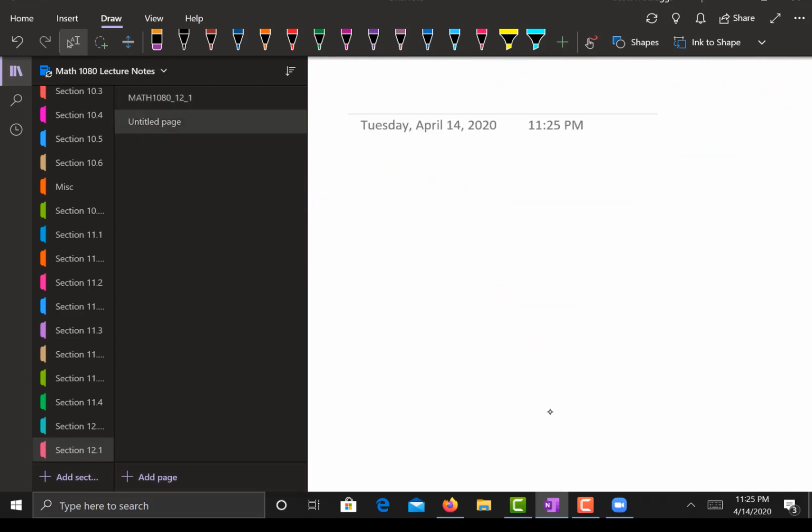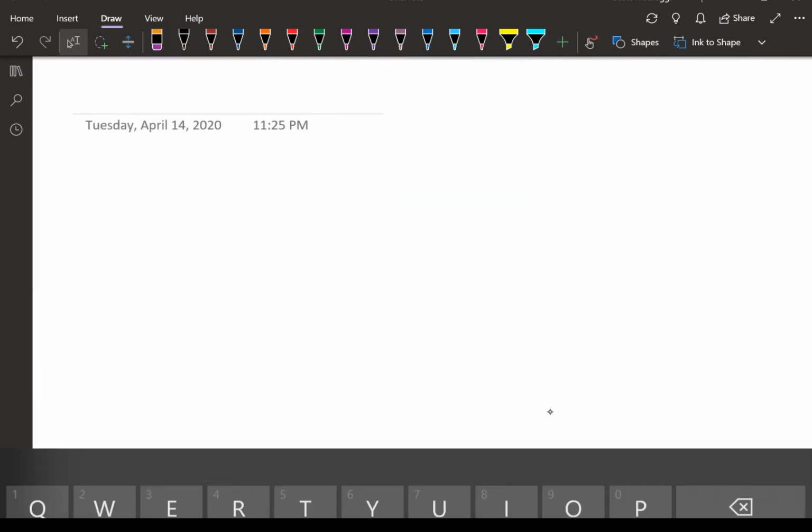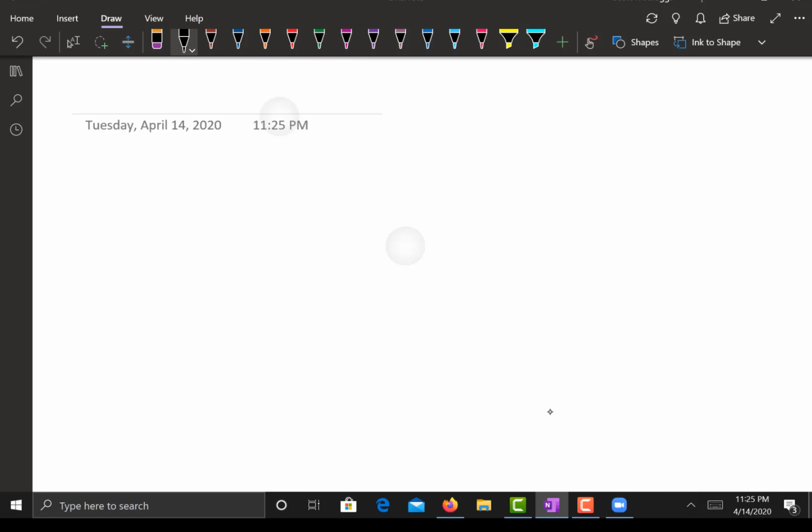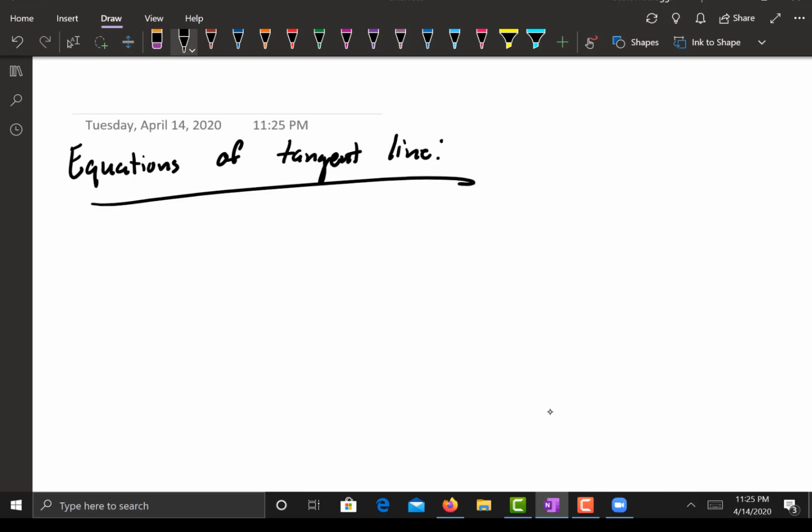Let's go ahead and write down the general equations for the tangent line. So I need to pass through the point 3, 0, and I now know the slopes for my two equations for the tangent line.